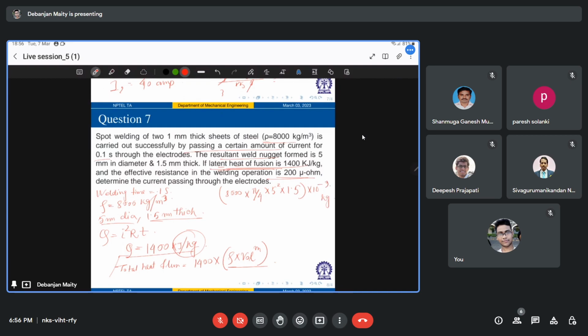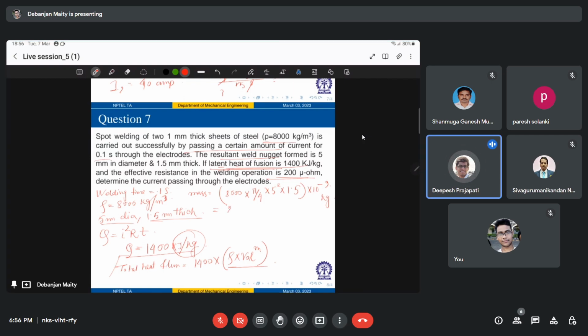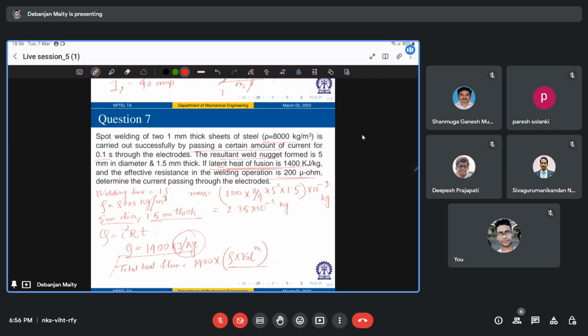This much of kg is the mass of the weld nugget, correct? It is 2.35 into 10 raised to minus 4 kg. This is the mass of the system.